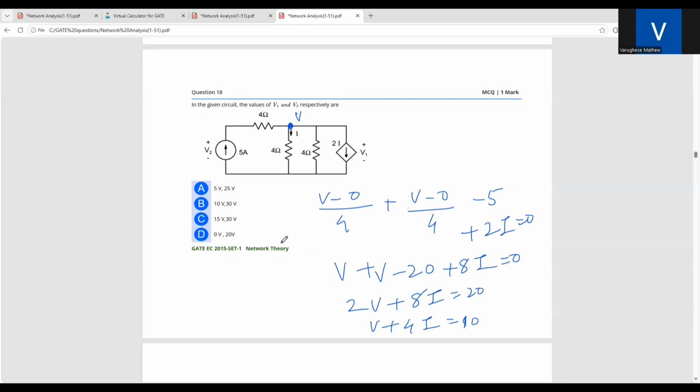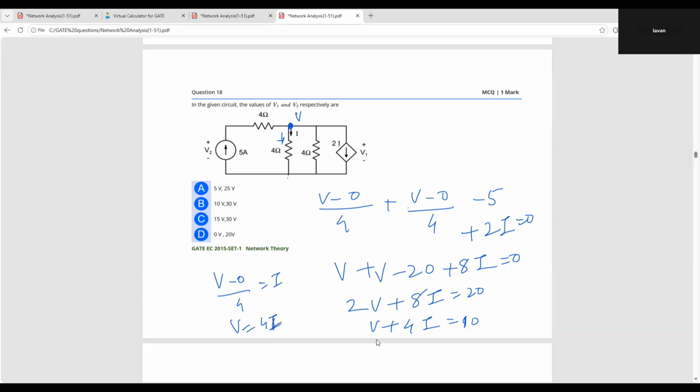Now, what is the relationship between V and I? This is I. This is total. Can you tell me what is the relationship between V and I here? V minus 0 by 4 is equal to I. So V is equal to 4I.